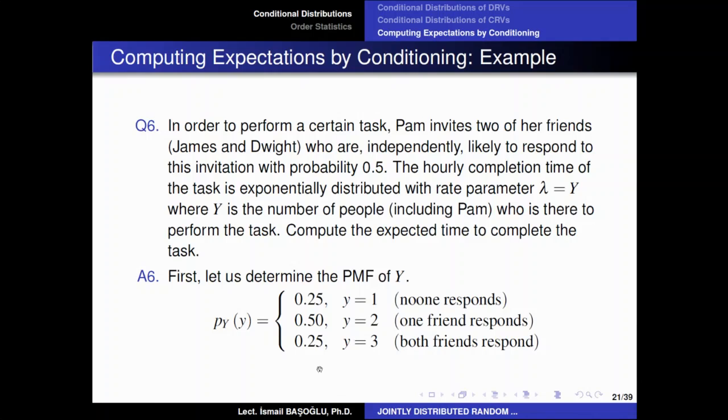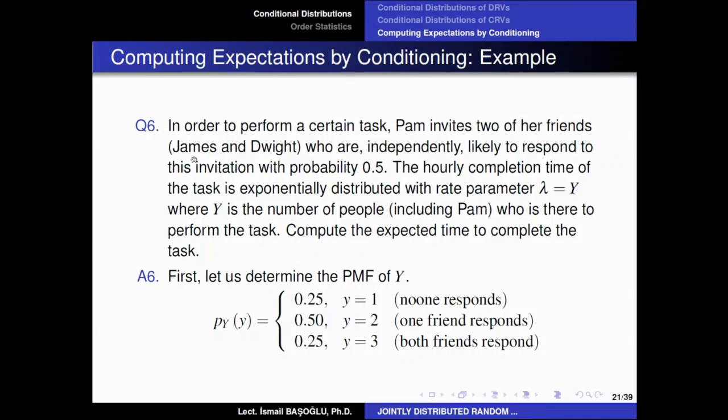So both James and Dwight will participate with 0.25 probability, which means in that case the number of people there to complete the task will be 3. And with 0.50 probability, exactly one of them will come. So how do you determine this? You know the binomial distribution, right?